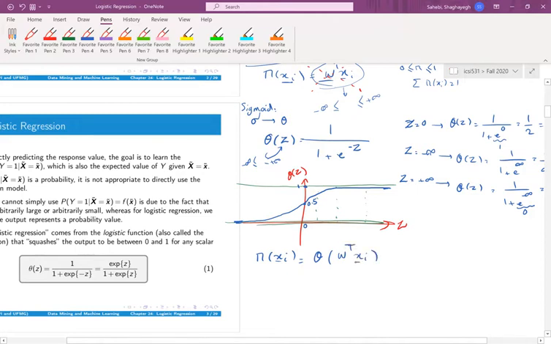So I still have this linear part of my model, but I apply a sigmoid function on top of that just to get everything between 0 and 1. So basically, this means that my pi of xi is going to be equal to 1 over 1 plus e to the minus W transpose xi.